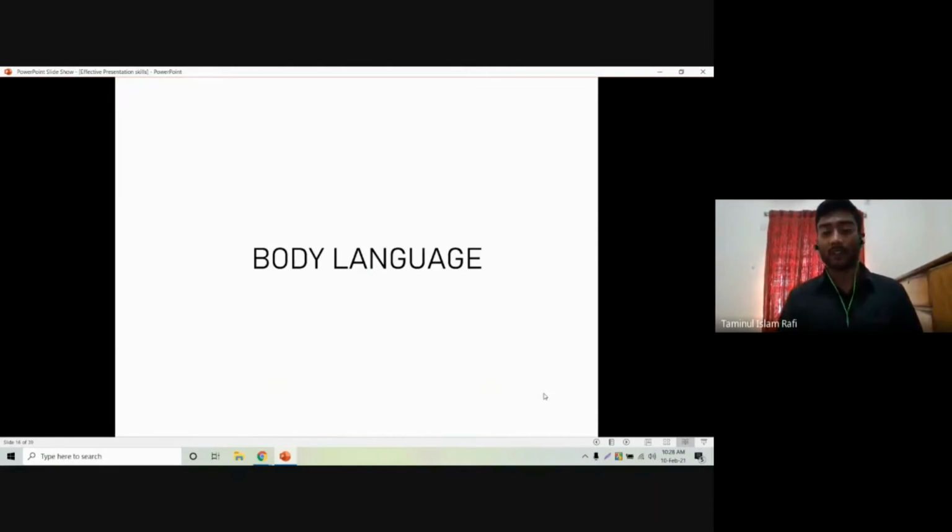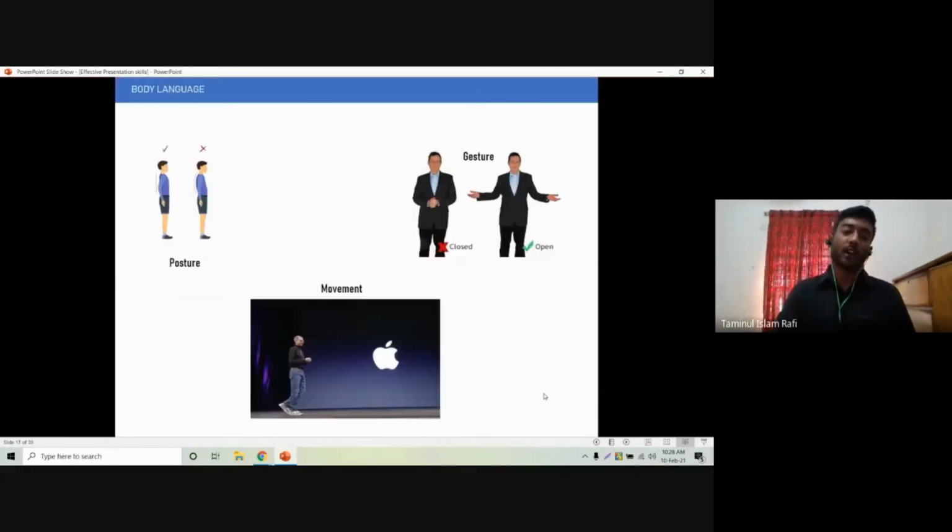So body language. Research shows that 55% of communication is done with your body language. So body language is very, very important when you are presenting yourself. Okay, so let's see what our body language should be during our presentation. First of all, your posture has to be strong.